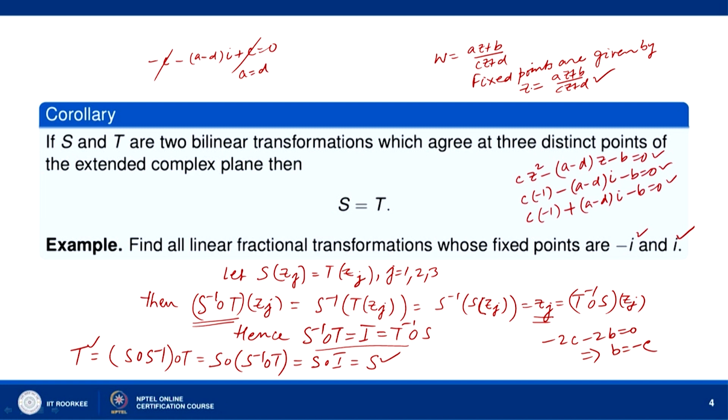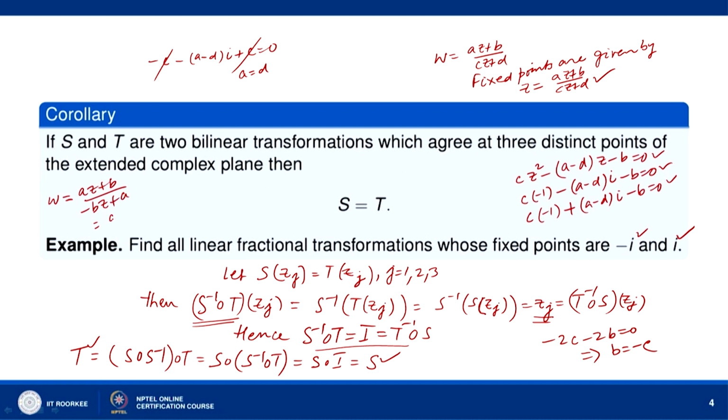So the bilinear transformation w equal to (az plus b) over (cz plus d), whose fixed points are i and minus i, has to be w equal to (az plus b) over (cz plus d), where c is minus b, and d is equal to a.